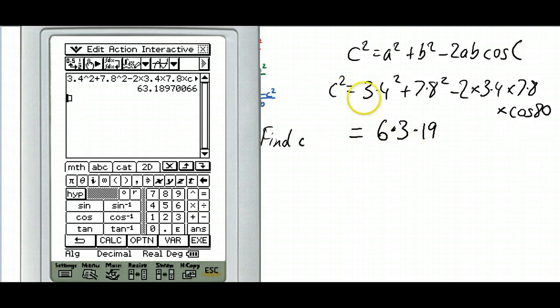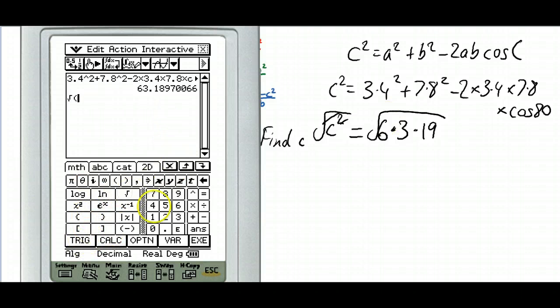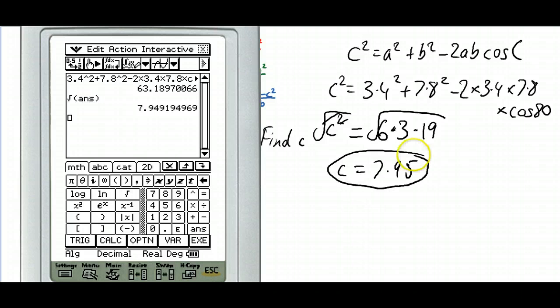And now this is C squared, so we've got to take the square root of both sides to get C. So let's do the square root of our answer. Close the brackets, and we get 7.95. C equals 7.95. So there we have it.